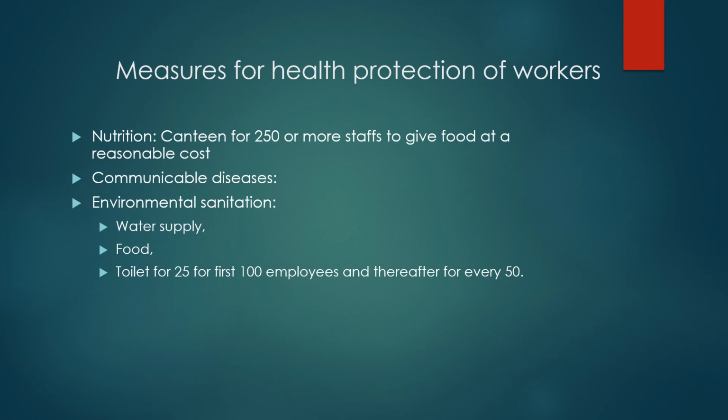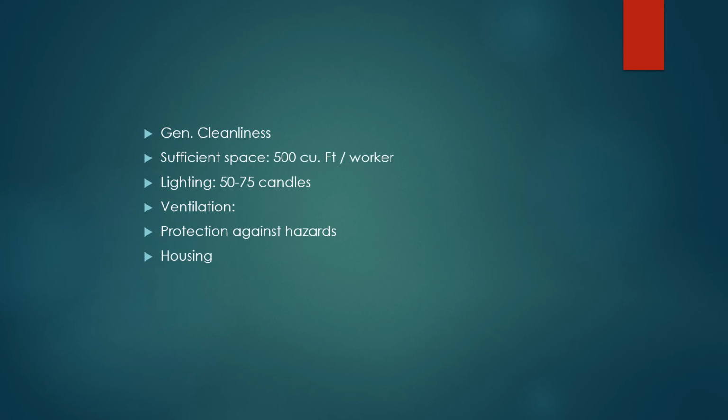Food should be provided in the factory only, and that will help prevent foodborne infection. Toilets should be provided for every 25 workers, separate for males and females, and thereafter the toilet facilities should increase for every 50 workers as the number of people in the working area increases.